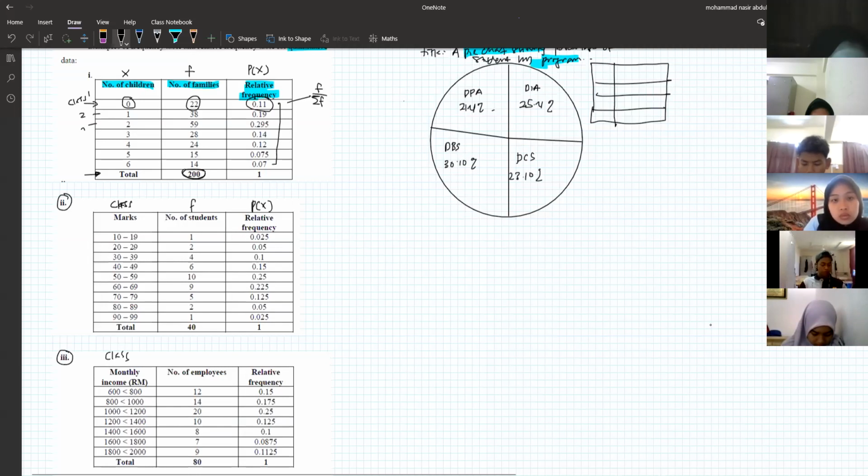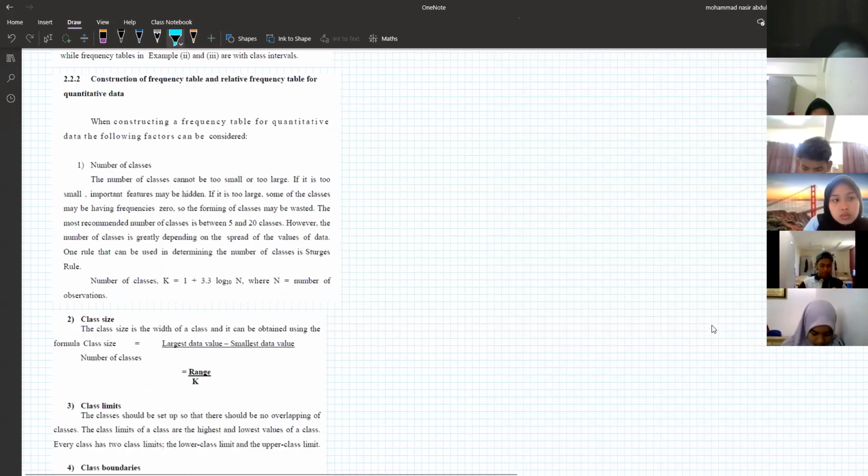So now I just want you to get familiarized with the frequency table for quantitative data, right? So now we're going to learn how to construct a frequency table and relative frequency table for quantitative data. When constructing a frequency table for quantitative data, we need to consider some factors.